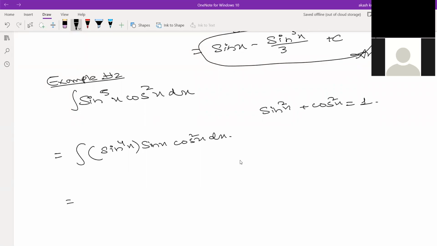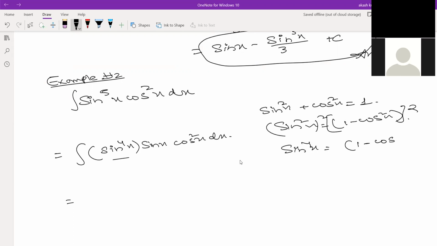So sine square x is equal to 1 minus cos square x. But I need sine 4x, so I will square both sides of the equation. It becomes sine 4x is equal to 1 minus cos square x whole square. And then I have sine x, and then I have cos square x dx.